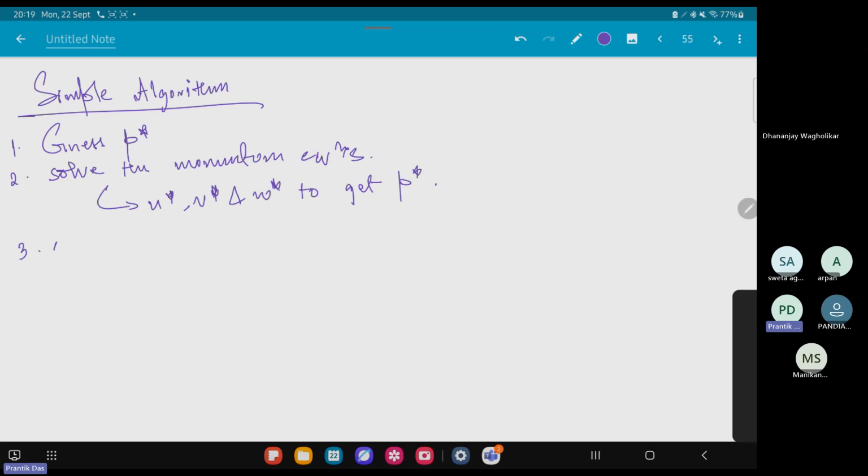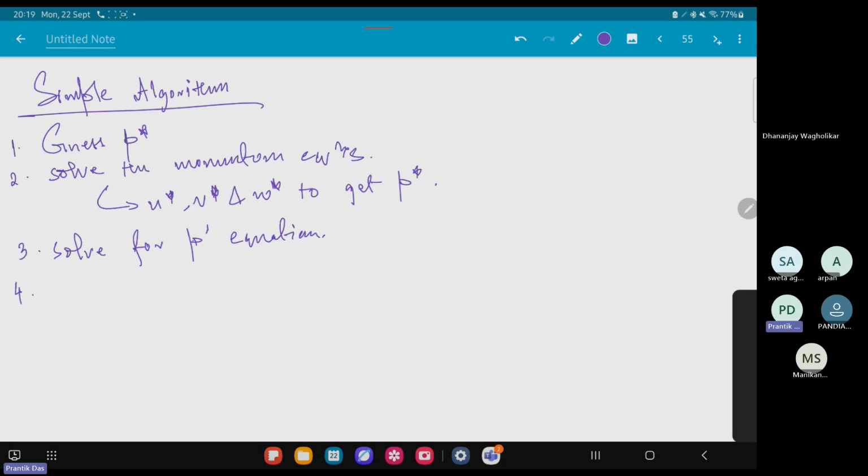Then solve for the P prime equation, that is the continuity equation. Because you know the value of U star, you can easily get the value of P prime itself.